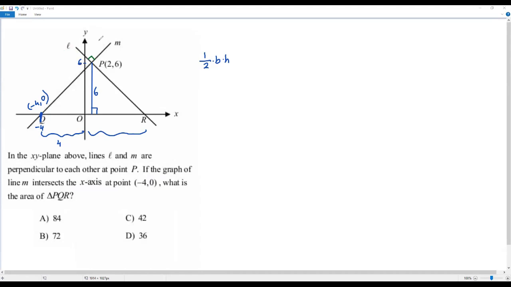Okay, first let me get the slope of line M using the 2 points P and Q. Let me write the points P and Q here. That is P (2, 6) and point Q is (-4, 0). Now let me consider point P as (x1, y1) and Q as (x2, y2). Here let me write the formula for the slope of line M when 2 points are given.